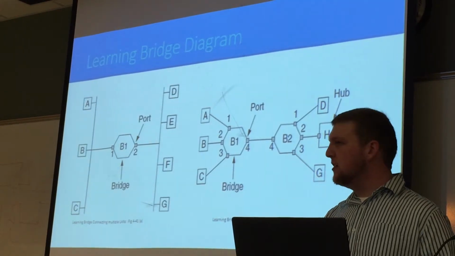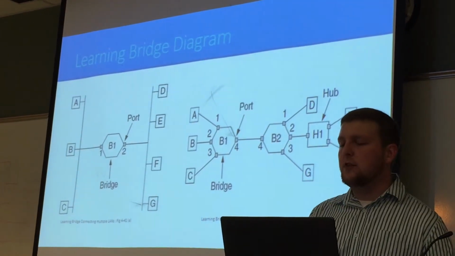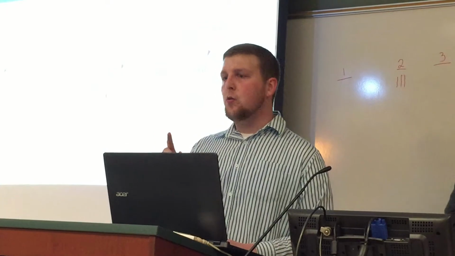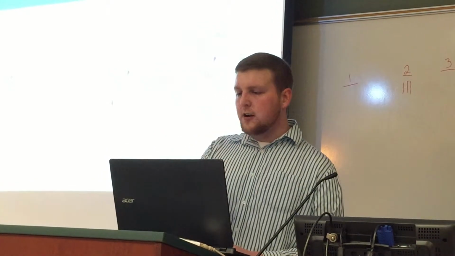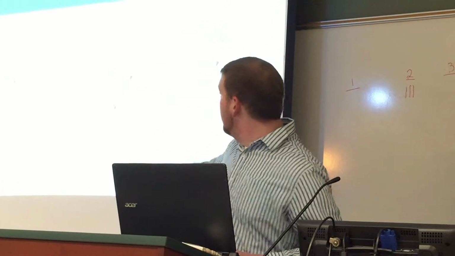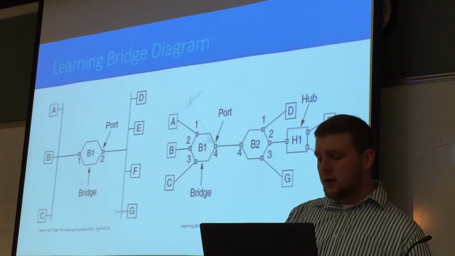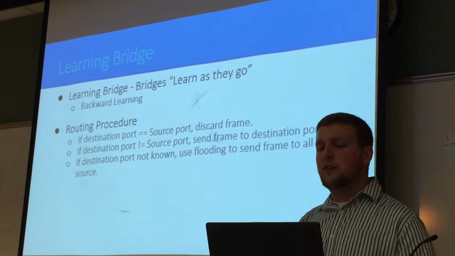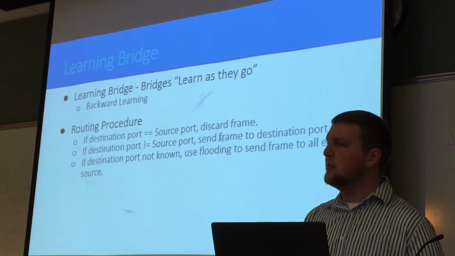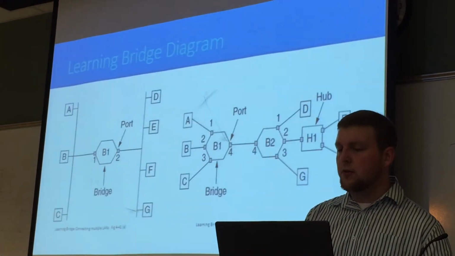And so then I'm actually going to ask a question now. In the second diagram here on the right, recall the first routing procedure: if the destination port is the same as the source port, you would discard the frame.